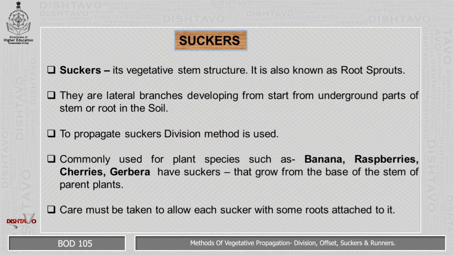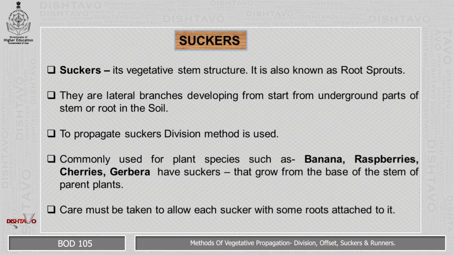Now it is a vegetative stem structure which is also called root sprouts. They are lateral branches developing from underground parts of the stem or root in the soil. To propagate a sucker, the division method is used.